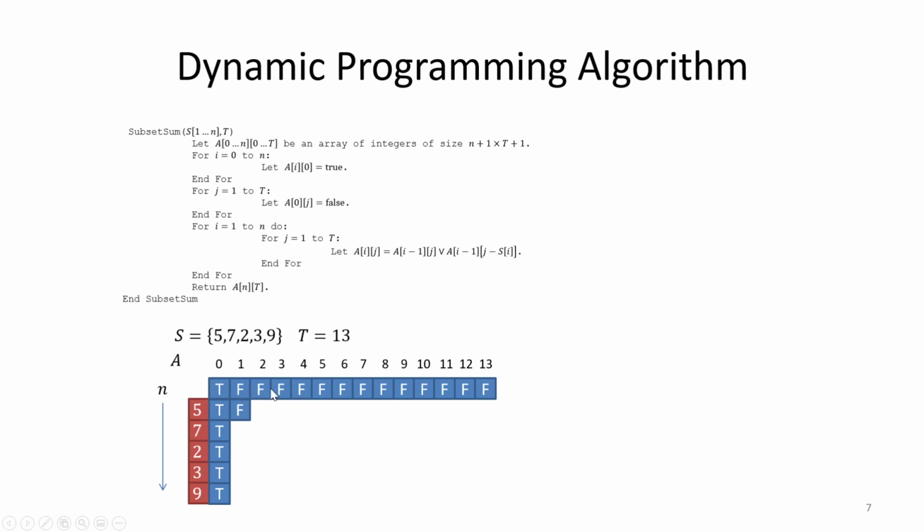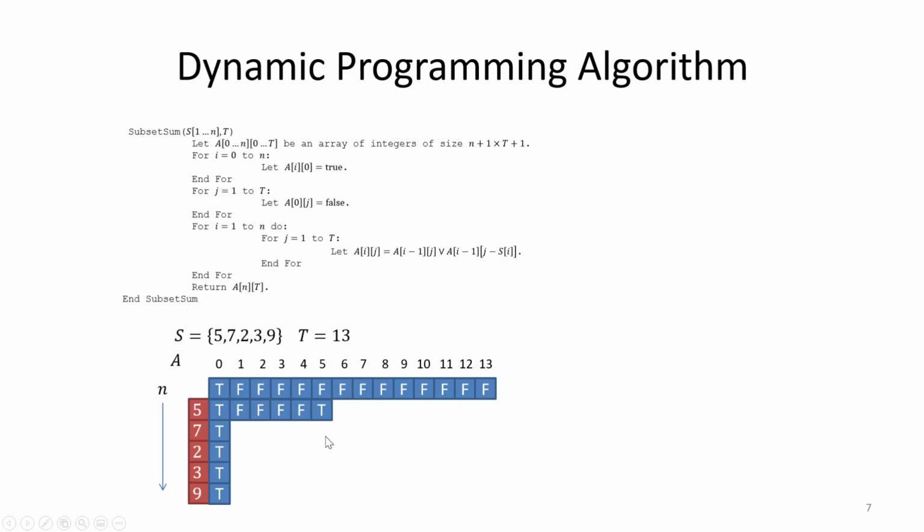As we run along, we're just comparing those two values and doing the logical OR. Again, false and minus 3 is false, so false. False and false is false, and we notice those falses keep coming until we get here. The two subproblems are false, and 5 minus 5 is 0, and we get a true.